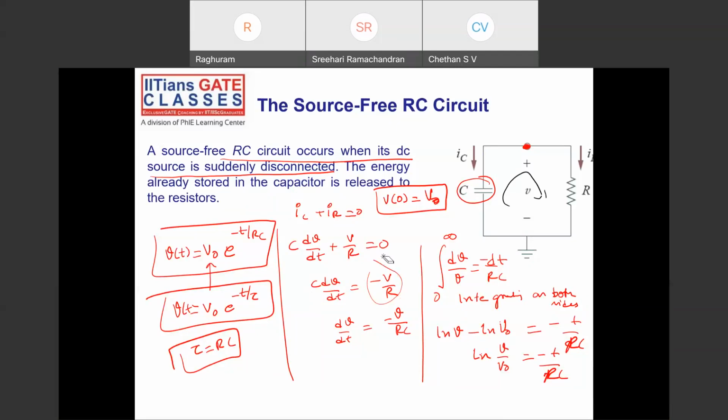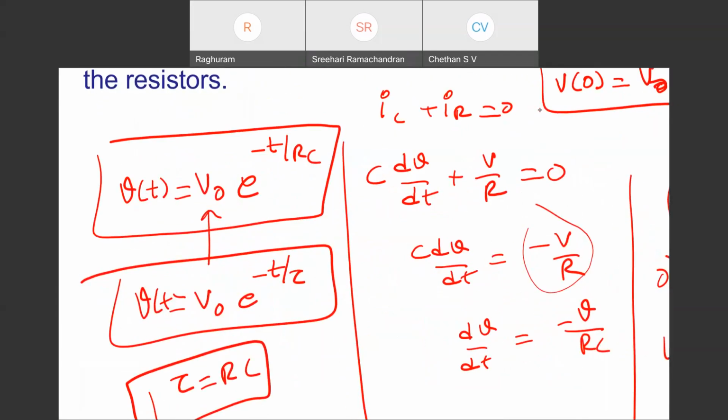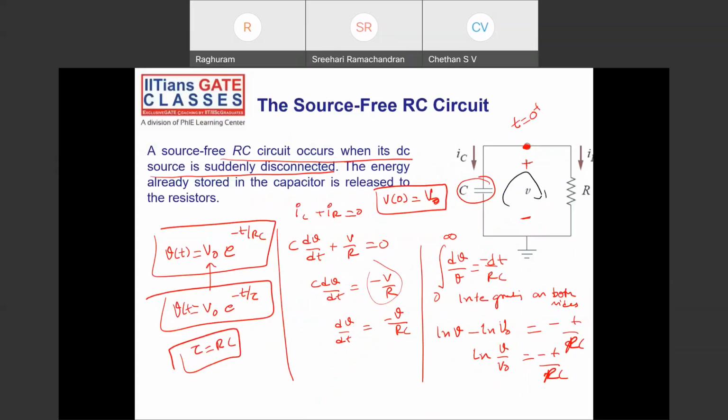For a capacitor, this capacitor acts as a voltage source at t equal to 0 plus. What happens? The polarity of voltage is fixed. At t equal to 0 plus, the current direction gets reversed.